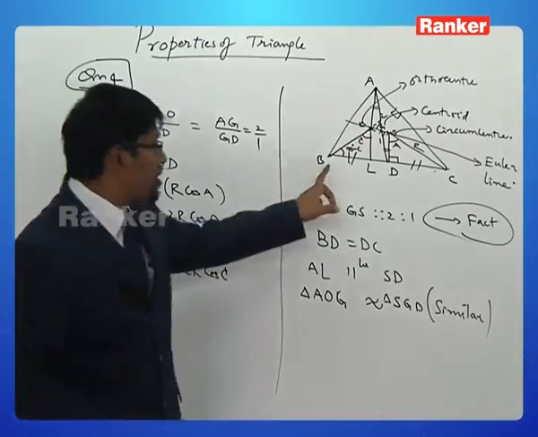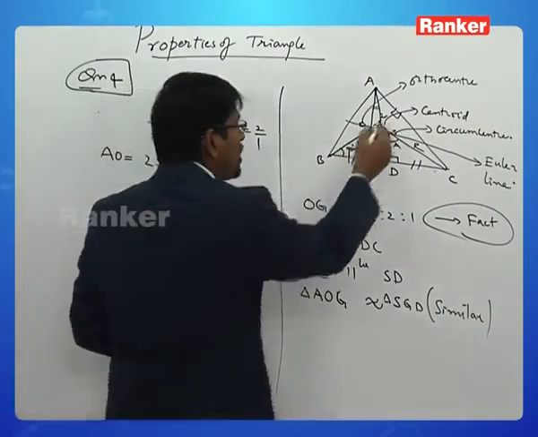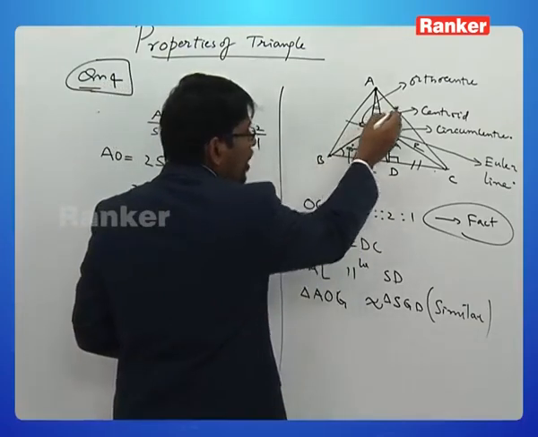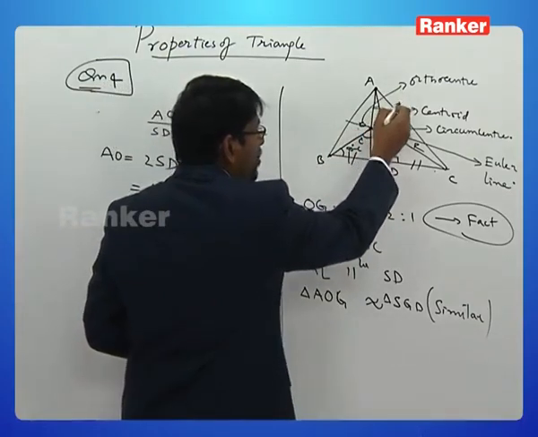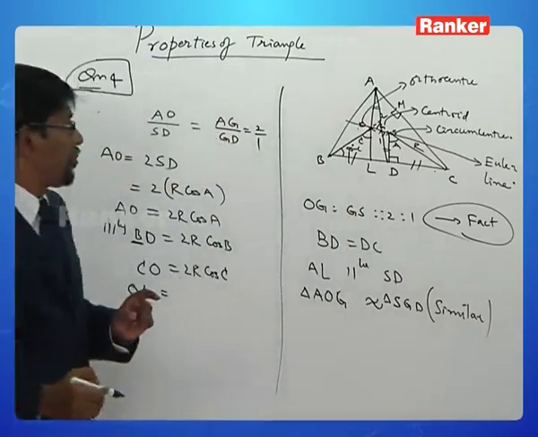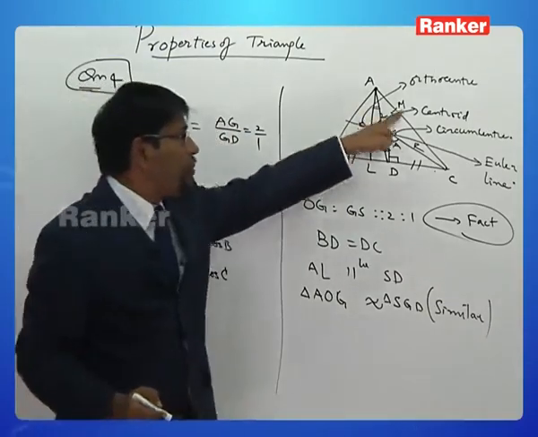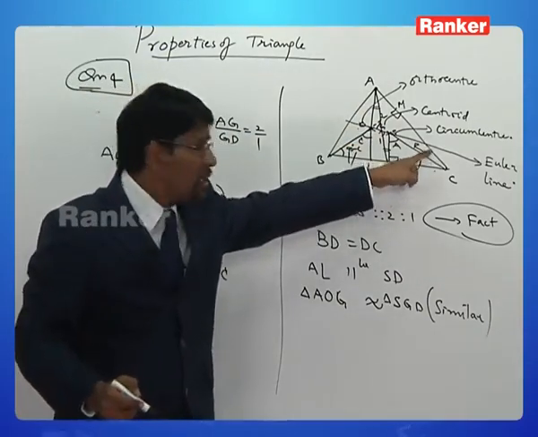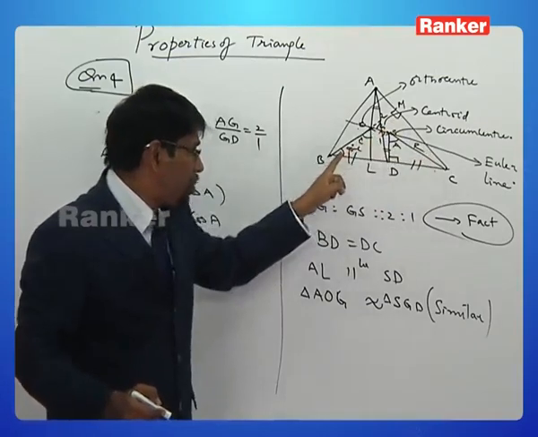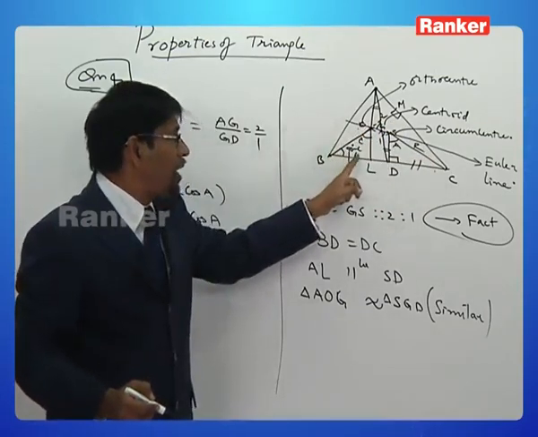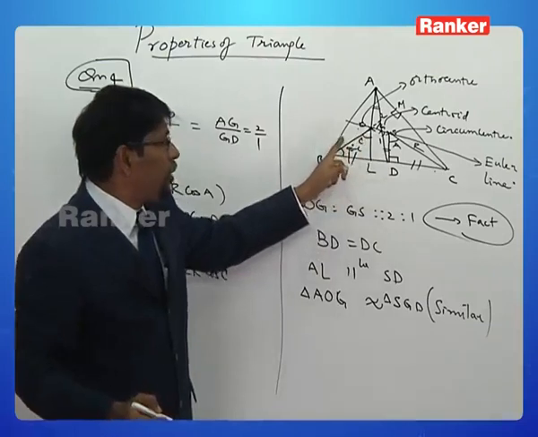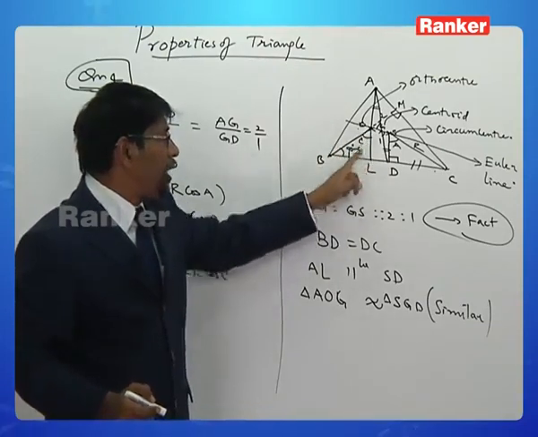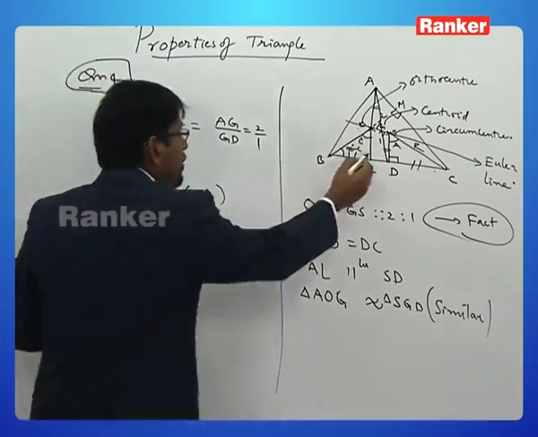That is, I extend B to pass through O and meet AC at some point M. Now in the triangle BMC, the angle C is there, and therefore angle MBC will be 90 minus C. Therefore angle BOL will be C, because this is 90.